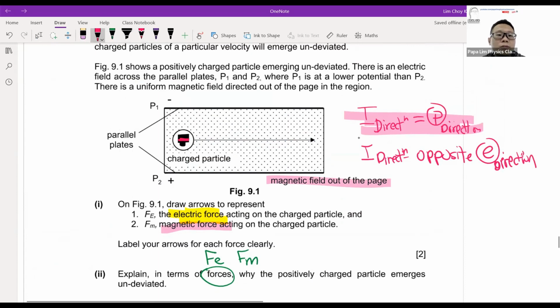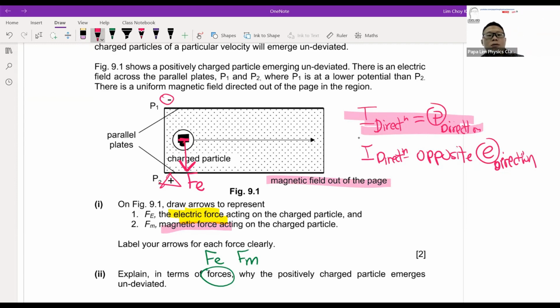For the electric field, this is negative, this is negative, like charges will repel. And this is positive, this is negative, so unlike charges will attract. Which means for the P1 plate and P2 plate, the top plate and bottom plate, the electric force is acting downwards, due to the attraction and repulsion of the different plates, but they are in the same direction.